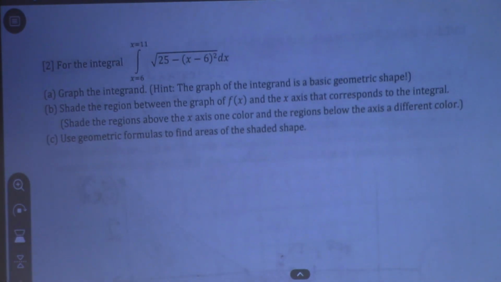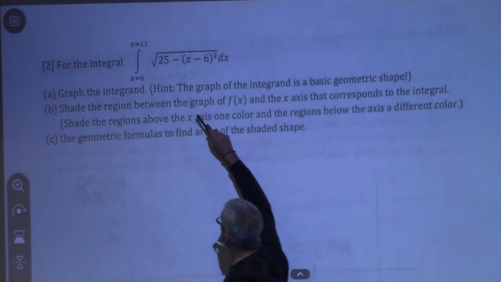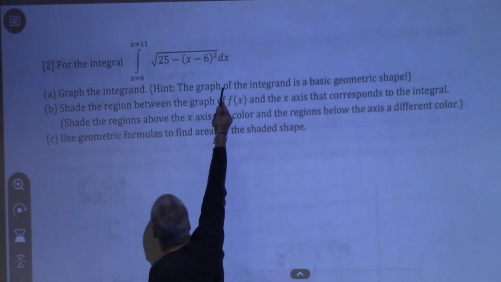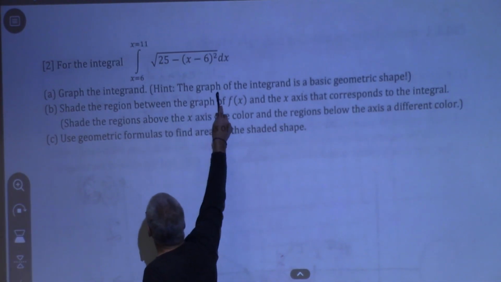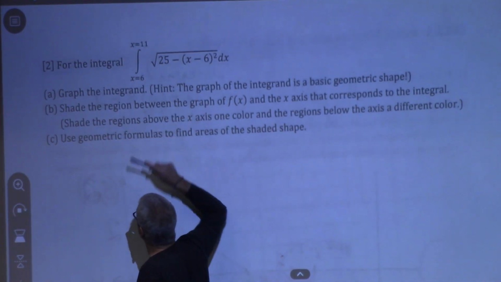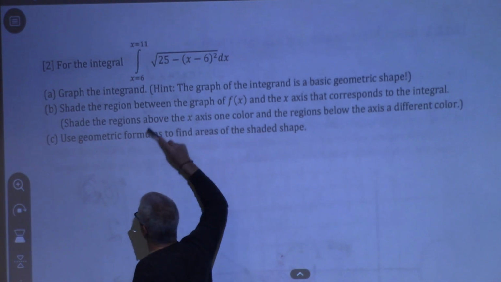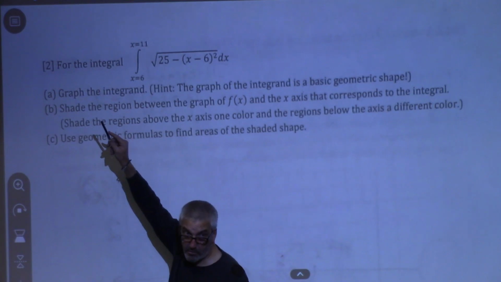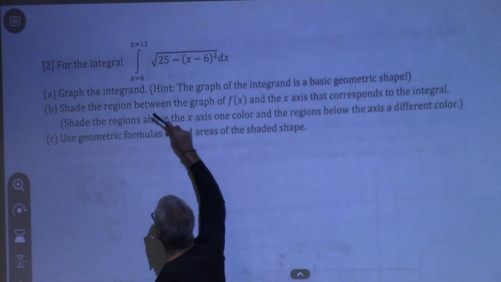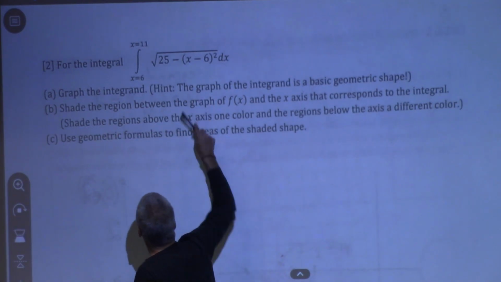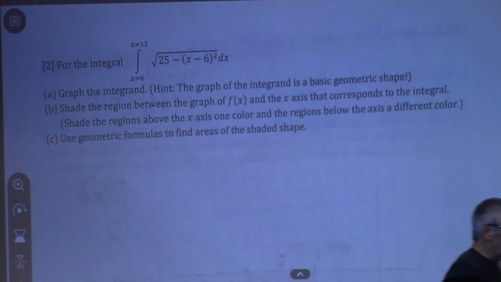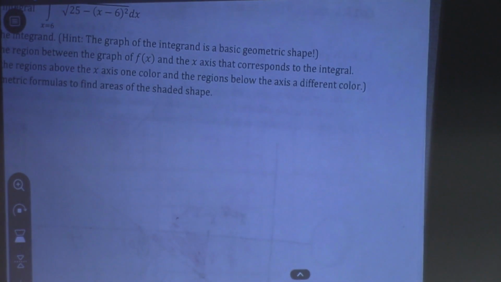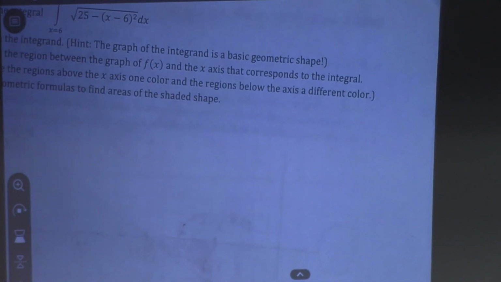The integral of square root of 25 minus the quantity x minus 6 squared, all under the square root, from 6 to 11. I don't really have time. This would be a great recitation problem where I wouldn't be up here giving it away. But here we go. We need to get to this so that I can let you get out of here on time. So I want to do some background here.